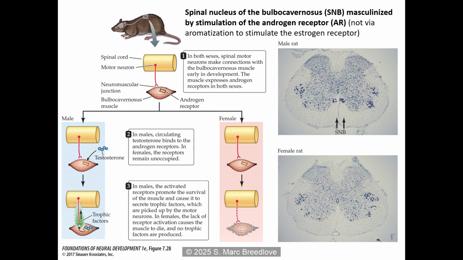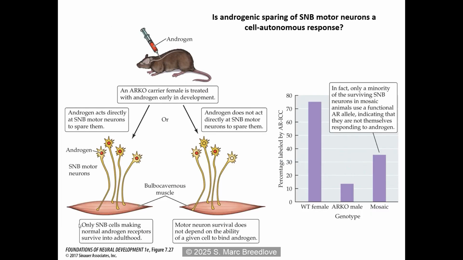Questions about that? Oh, and here's the study that was done to show that. You could take females who are carrying the androgen receptor knockout on one X chromosome, so you can look at females who are mosaic for whether they have a functional copy of the androgen receptor gene or a dysfunctional copy.